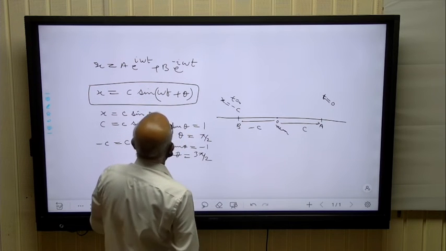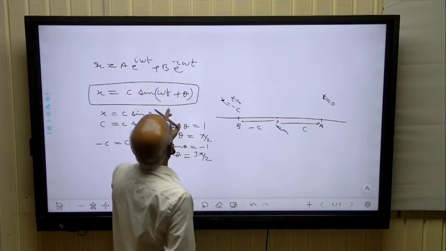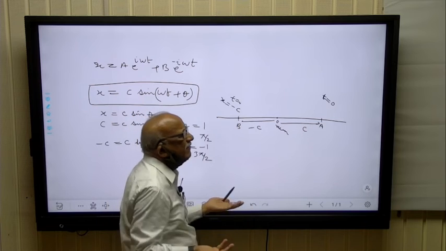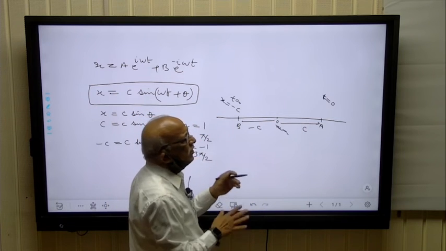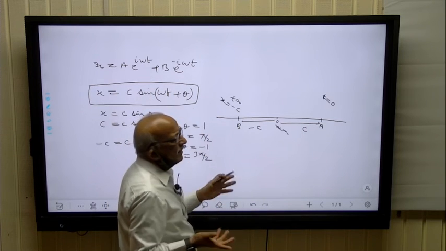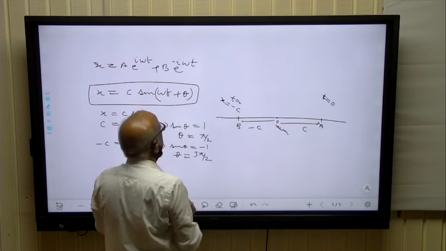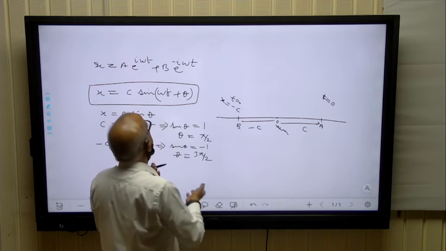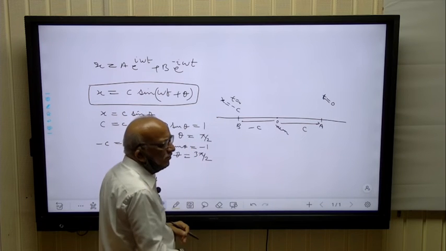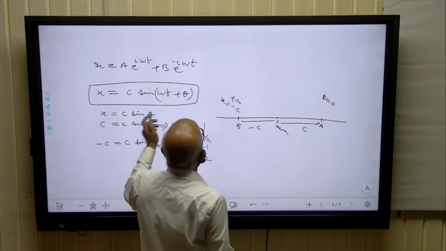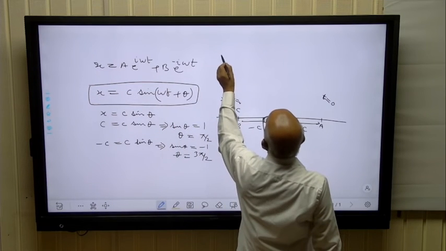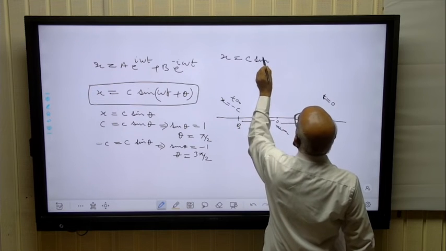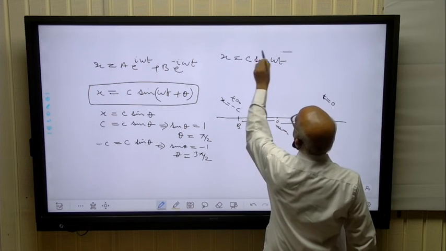Now, for simplicity, we generally make theta equal to 0 because it just gives the idea of where the particle was, but on the whole theta does not affect my calculation. Therefore, to make the calculation simpler, we generally put theta equal to 0. In that case x is equal to C sin omega t.